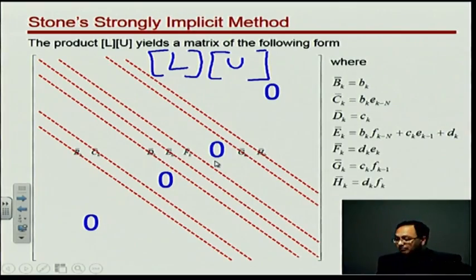My capital B will be the small b, the capital C with the bar will be small b times E, and so on. This is just multiplying row times column of L and U. So whatever I have in this matrix with the capital letters with bars on top of them can be expressed in terms of the coefficients of the L and U matrices. It's a simple multiplication, that's all. You can try it for yourself, it's not very difficult. Any questions so far?